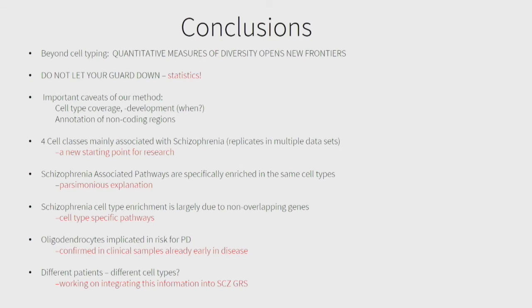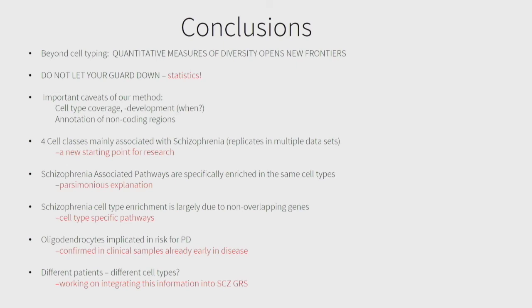I'm actually banking on it because that's what my lab does now. And the schizophrenia-associated pathways previously described are specifically enriched in the same cell types. And interestingly, this cell type enrichment for schizophrenia is largely due to non-overlapping genes. And then I showed you in the last couple of slides that oligodendrocytes seem to be implicated in risk for Parkinson's, and we could confirm this in clinical samples.